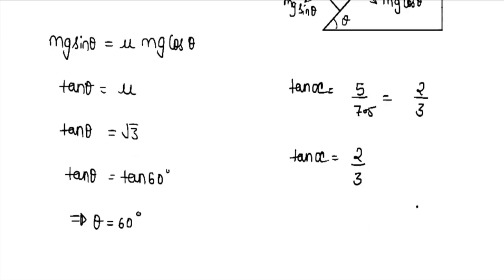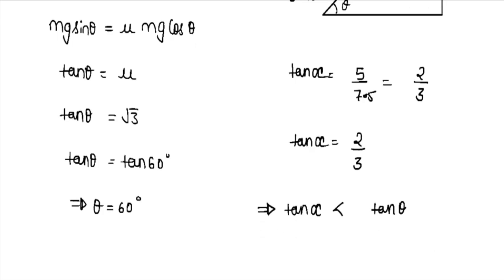So we can clearly see that as tan is an increasing function, and tan alpha has 2 by 3 value and tan theta has root 3 value. So tan alpha is less than tan theta. This implies the block will topple before it starts sliding.